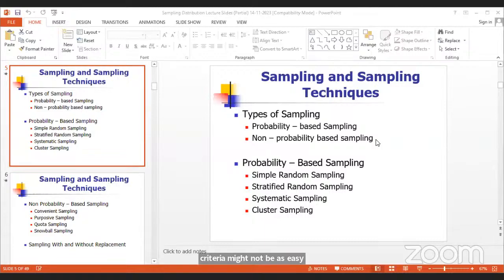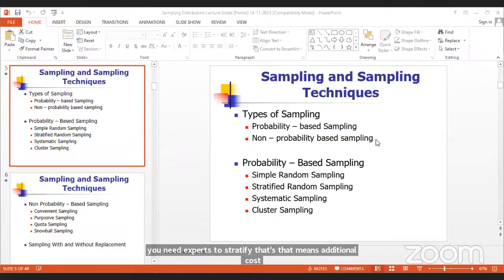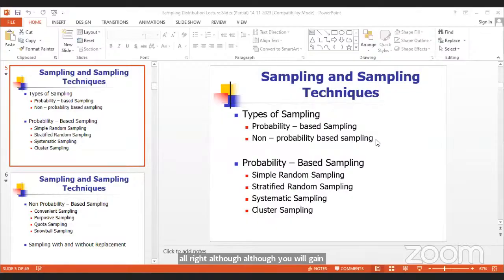So you need experts to stratify. That means additional cost. Although you will gain by having a better representation of the population, when you look at the cost, you weigh the two. A decision has to be made there, especially when you have a limited budget.